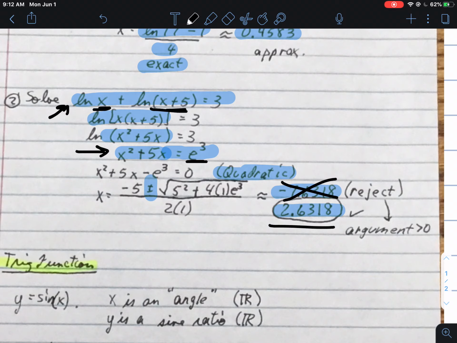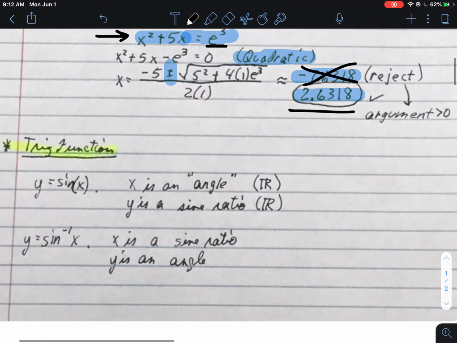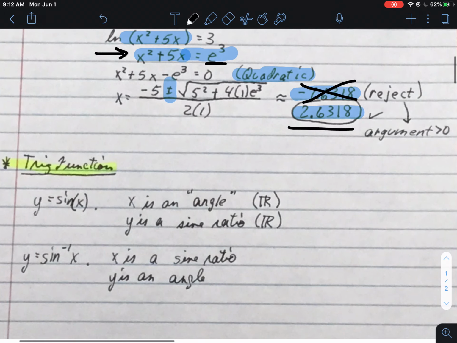So just a couple of examples of exponential and log equations. We'll review those some more later as that becomes necessary. I just wanted to touch base with that. I also just went ahead and threw this in as well, to mention our trig functions and inverse trig functions. Again, probably not as big of a deal for us here in Calc 1.